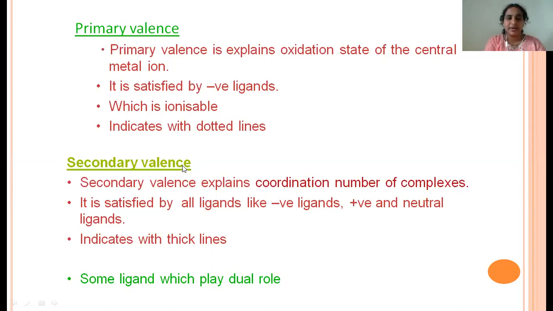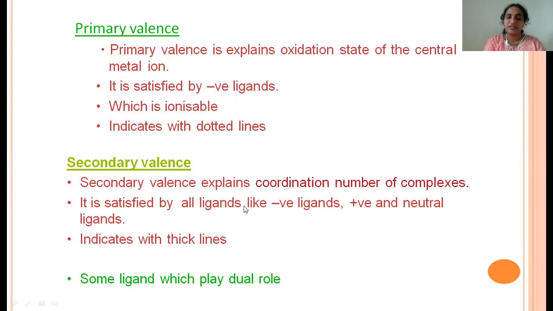Then what is secondary valency? Secondary valency explains the coordination number of the complex, and it is satisfied by all types of ligands: negative ligands, positive ligands, and neutral ligands. The secondary valency is indicated with a thick line, whereas primary valency is indicated with dotted lines.